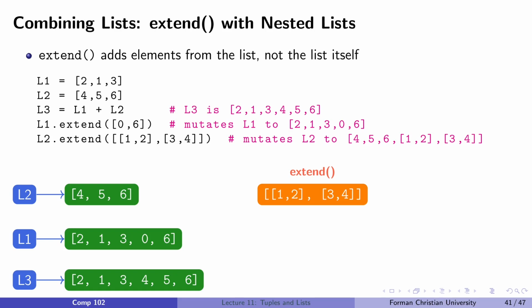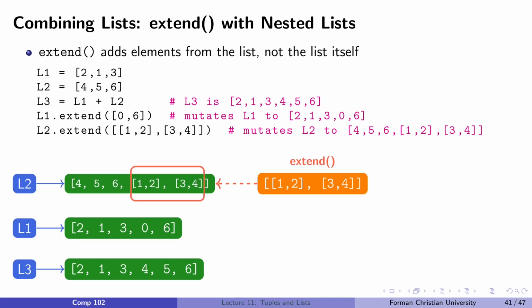So take a look at this important detail. Extend adds elements from the list you pass in. It doesn't add the list itself. So what do we mean by that? It means that this list contains 2 items, a list and another list.